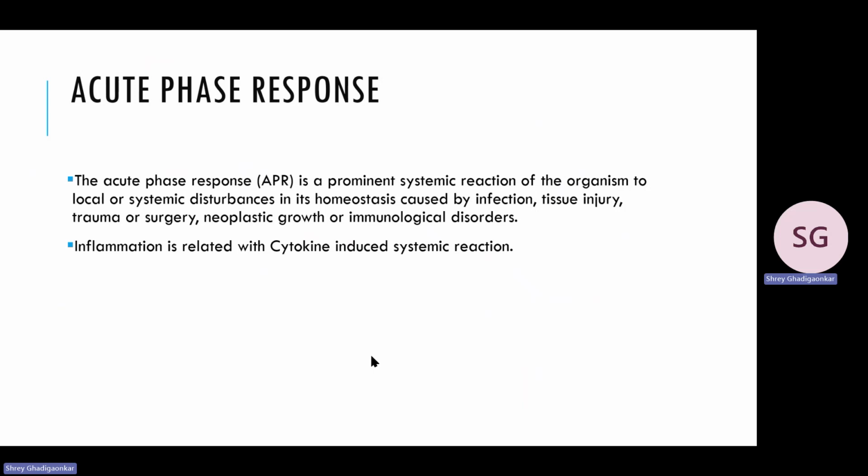It's often associated with cytokines. And as mentioned, it can be local, it could be systemic, it could be due to a wide variety of reasons. Each and every inflammation usually has its acute phase response.